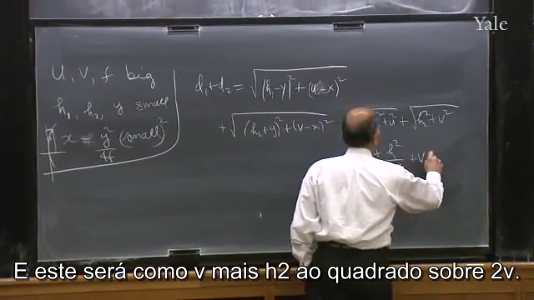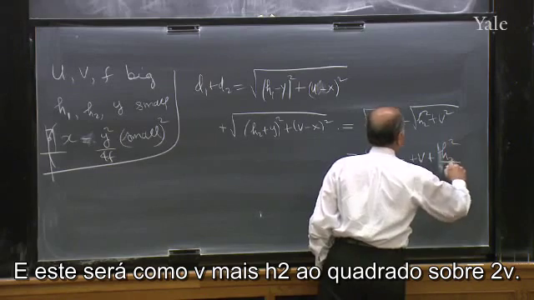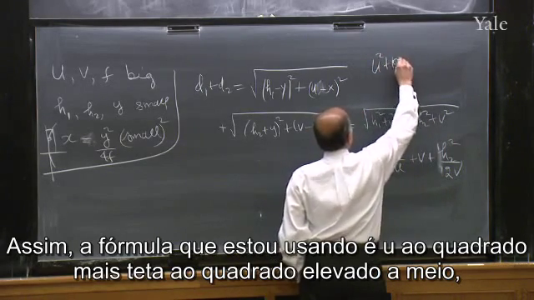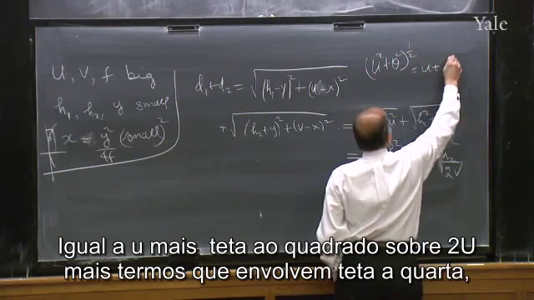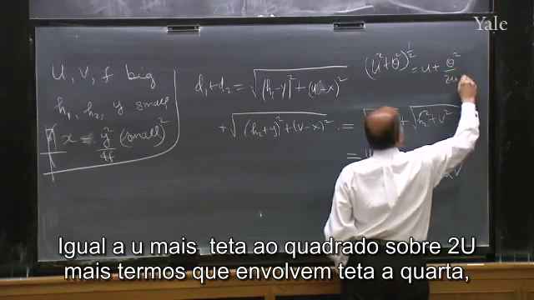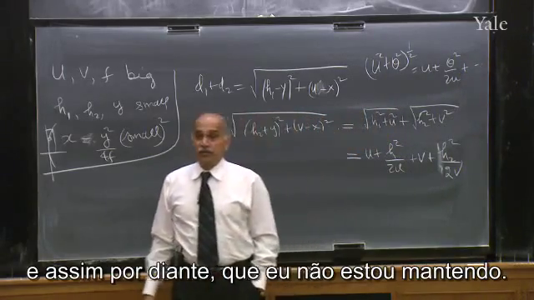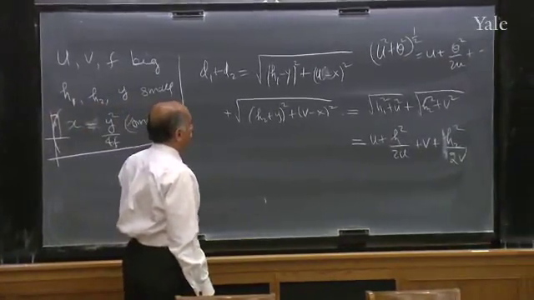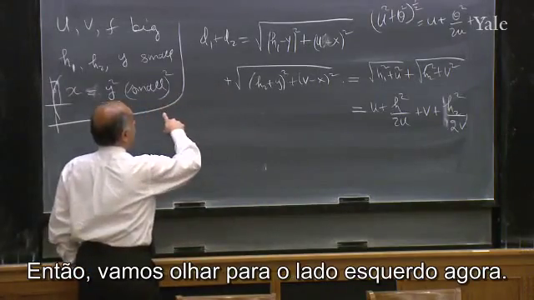And this will look like v plus h2 squared over 2v. So the formula I'm using is u squared plus theta squared to the 1/2 is equal to u plus theta squared over 2u plus terms involving theta to the 4th and so on, which I'm not keeping. So the right-hand side is very easy to calculate.